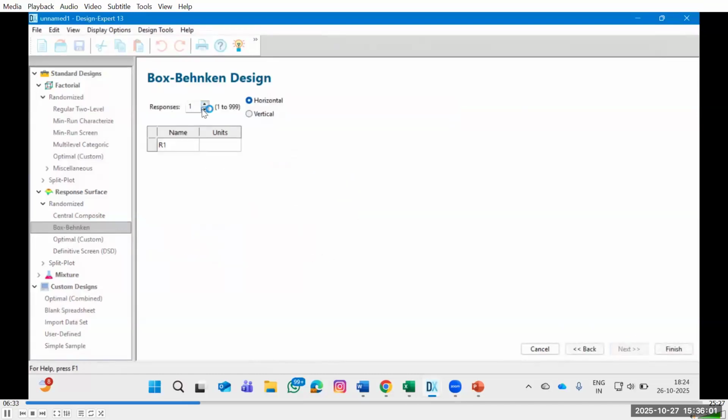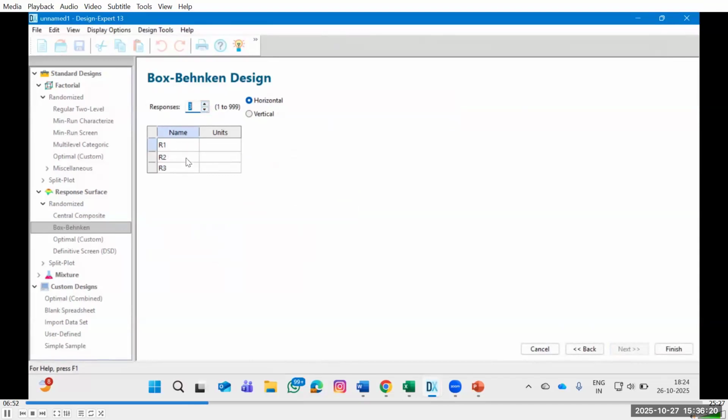This is how many responses. Responses we call the dependent variables. We have 3 or 4 dependent variables, so we'll increase the number by clicking the up arrow.